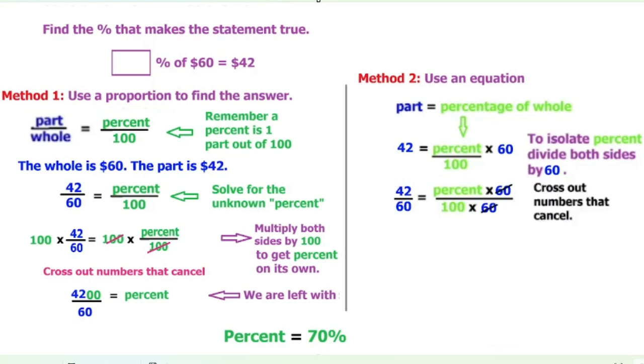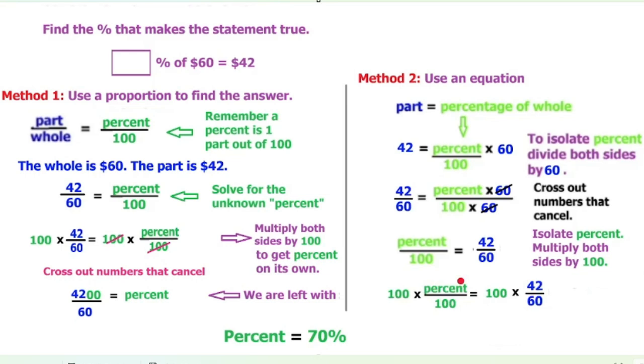So those cancel each other out, and we're left with percent over 100 equals 42 over 60. Now we isolate percent by multiplying both sides by 100, just like we did before. We want to undo this division of 100, and the undoing of that is multiplying by 100.